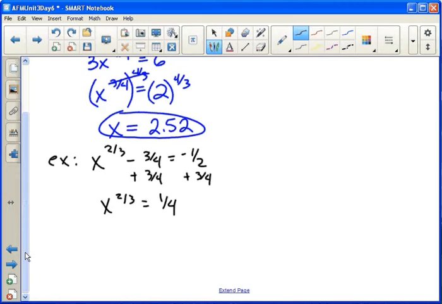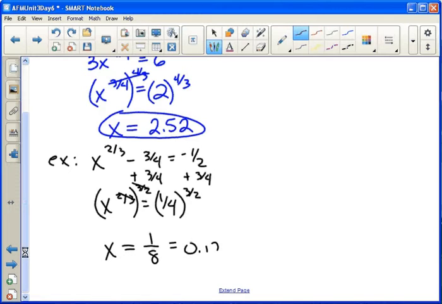It's just x to the 2/3, and we get rid of x to the 2/3 with an exponent of 3/2, because we always use the reciprocal. So the reciprocal of 2/3 is 3/2, so those cancel each other out, leaving us with just x, and then you can plug 1/4 raised to the 3/2 in your calculator and actually get 1/8, or 0.125.